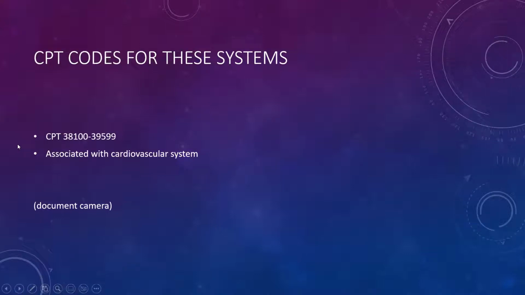The code range that we're looking at is 38100 to 39599. I point that out because if you watched my video on the cardiovascular system, you might remember a little bit of discussion about how the 30,000 series will have a specific number of questions on the national exam.